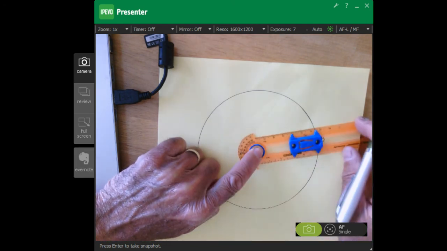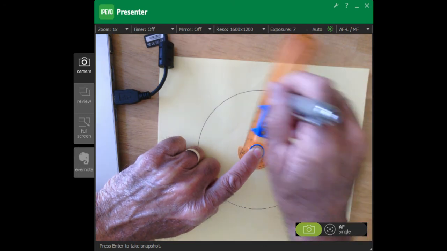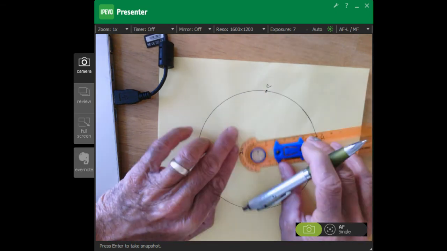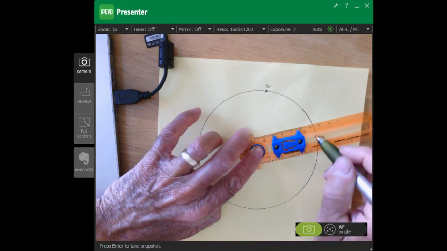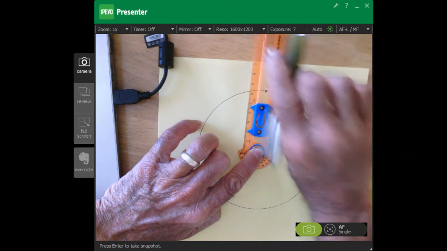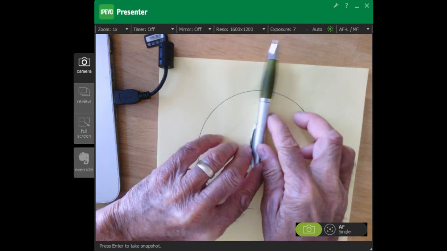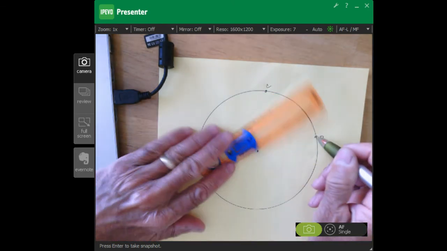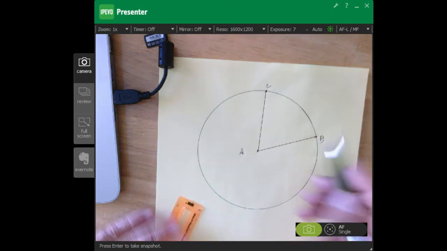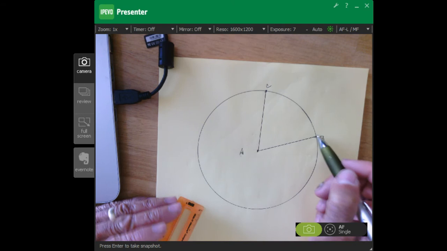Now as it goes from B to another part of the circle, I guess it would make sense to call that C, A, B, C. So there's a rotation. Now remember, this circle has been divided up into 360 days. We're going to call them, instead of days, degrees.